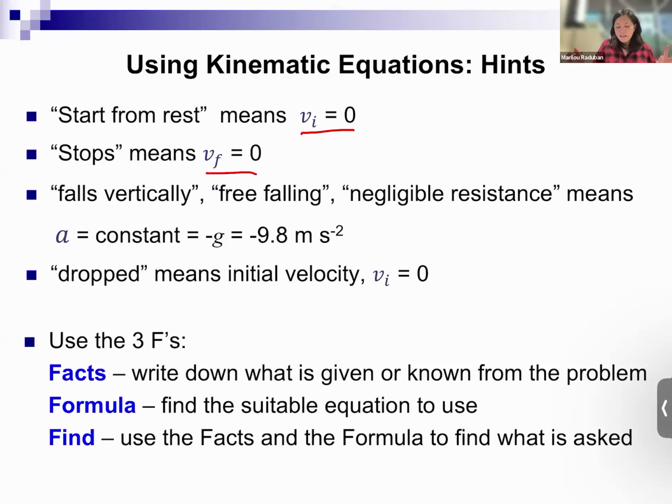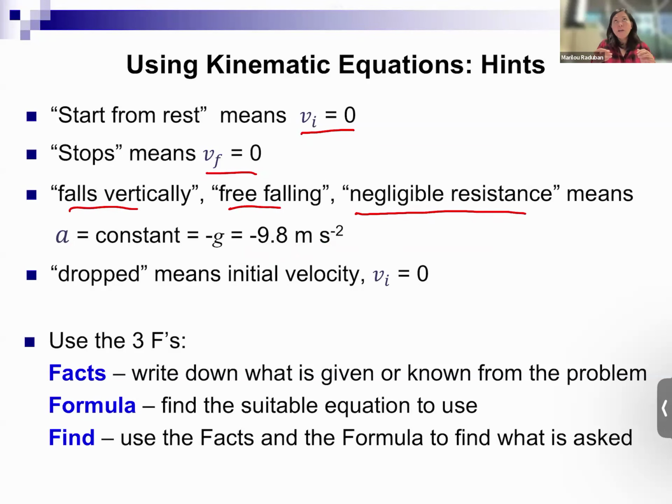If we say the object falls vertically, or the object is free falling, or assume that there's negligible resistance, then it means that the acceleration is negative 9.8 meters per second squared.